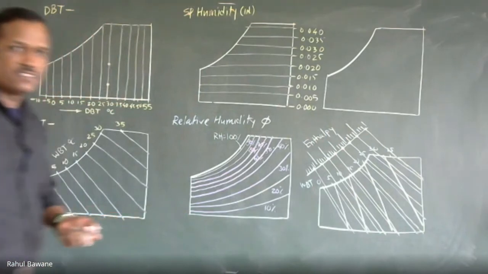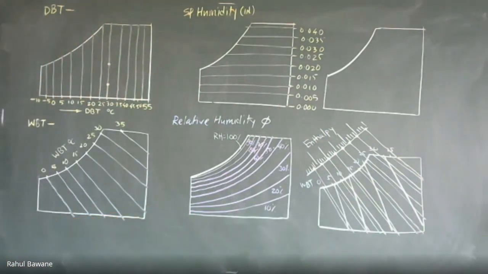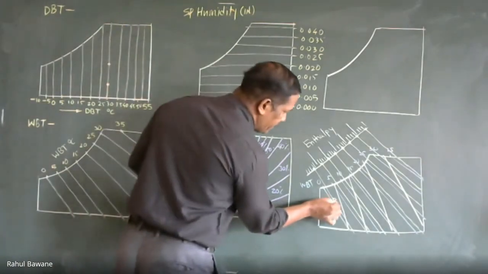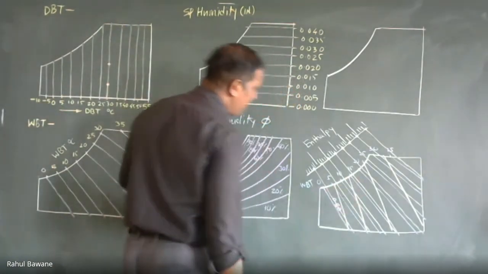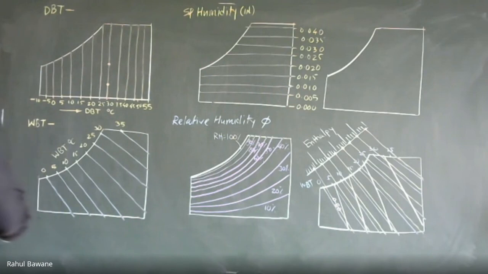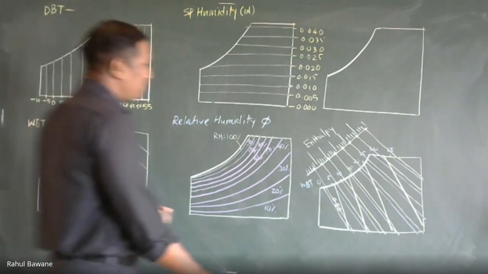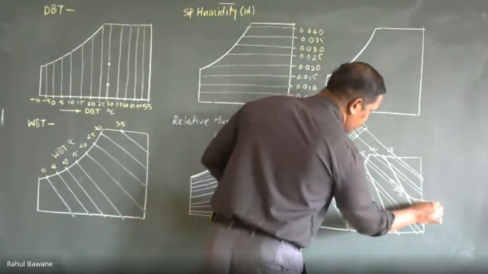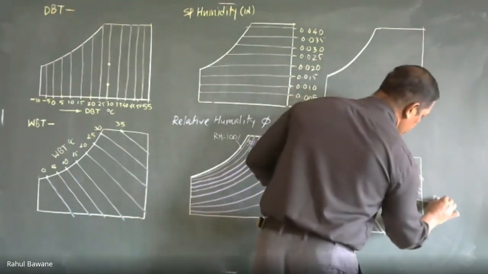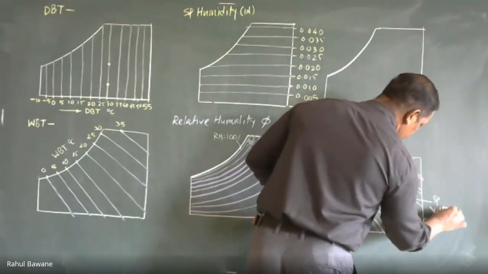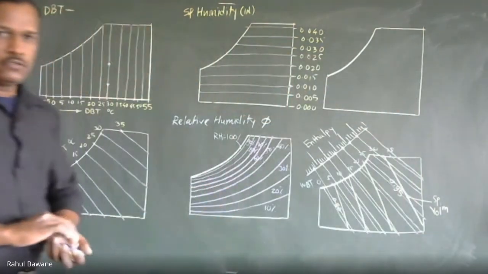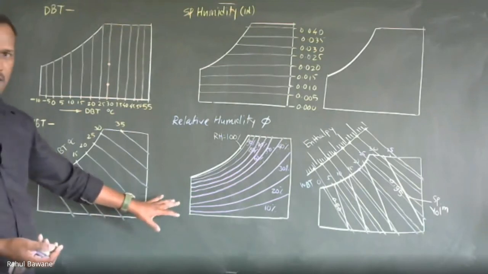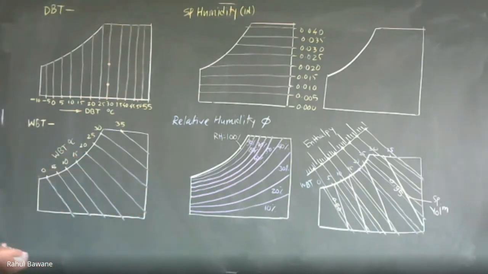Like this, there are specific volume lines, and they start from 0.8 and end at 0.95, and this is specific volume. So we must know all these lines, what they represent, and how they look.